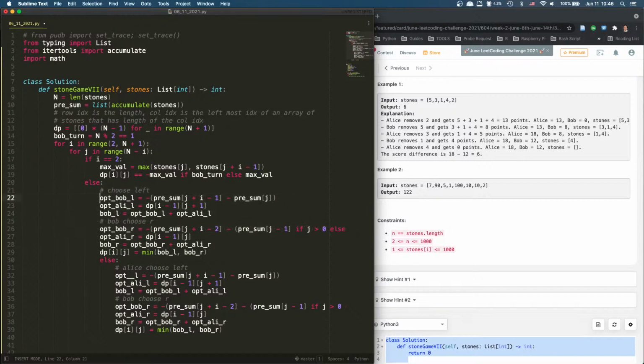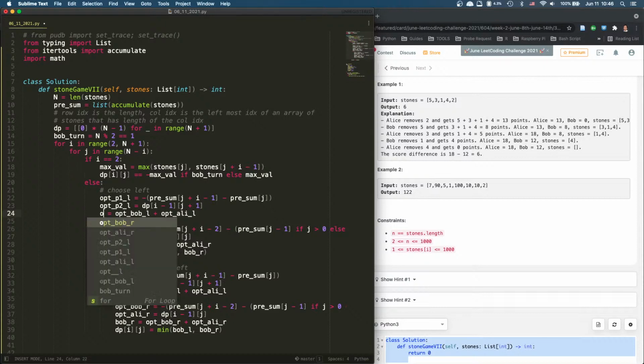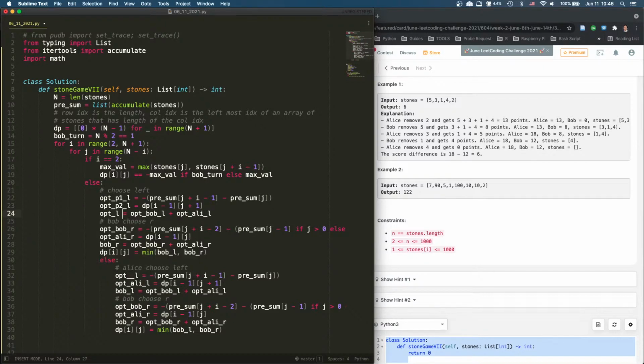So choose left, when they say optimal left, optimal P1 left and optimal P2 left. And here is choose right, and that is going to be optimal player 1 right and optimal player 2 right.